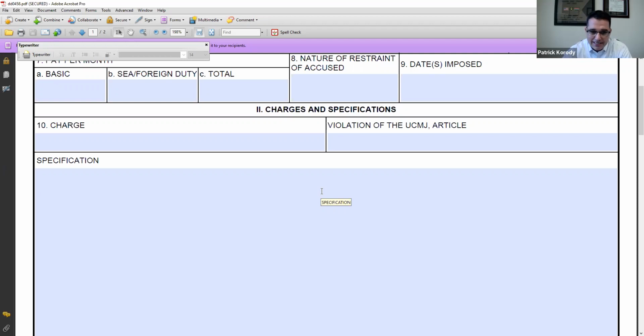And what the specification does is spell out with specificity the actual violation, the crime that's being alleged. And so you can have multiple specifications under a charge.